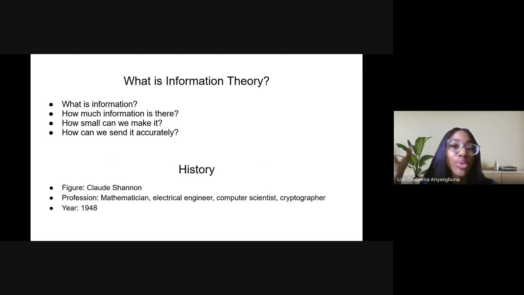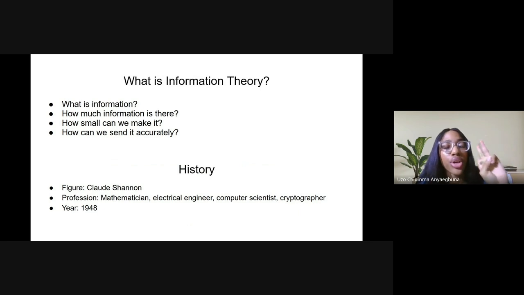I'm sure we all know information to be structured data, or data that makes sense. That's its primary definition, but that doesn't really hold when we're talking about information theory. In information theory, information reduces uncertainty. It reduces our level of assurance. It narrows down the number of possibilities in a given question.